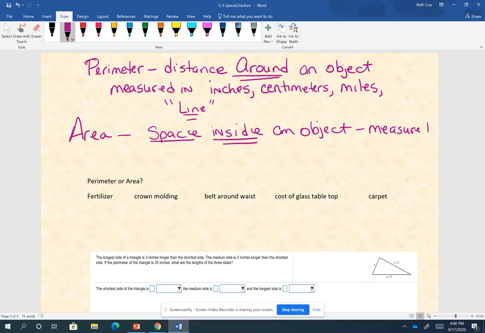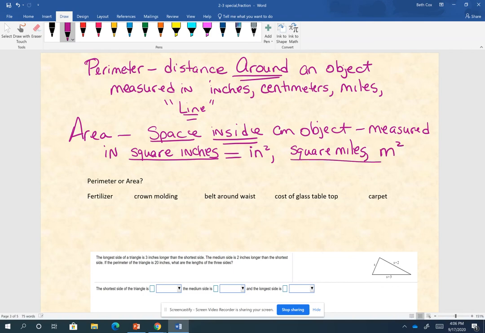It's measured in what we call square inches, also known as inch to the second power, or square miles, or miles to the second power, okay?